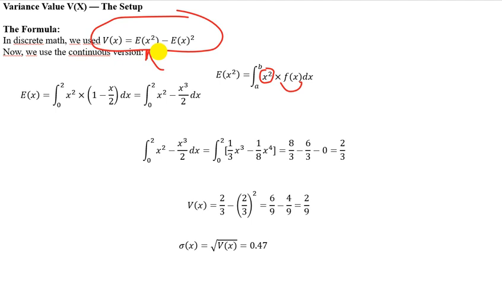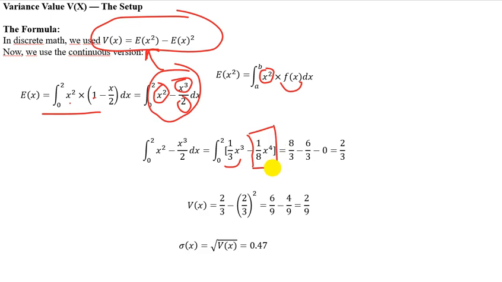Then we get x squared times 1 is x squared, times x over 2 is x to the power 3 divided by 2. We find the antiderivative of this, which is 1 over 3 x cubed minus 1 over 8 x to the power 4.